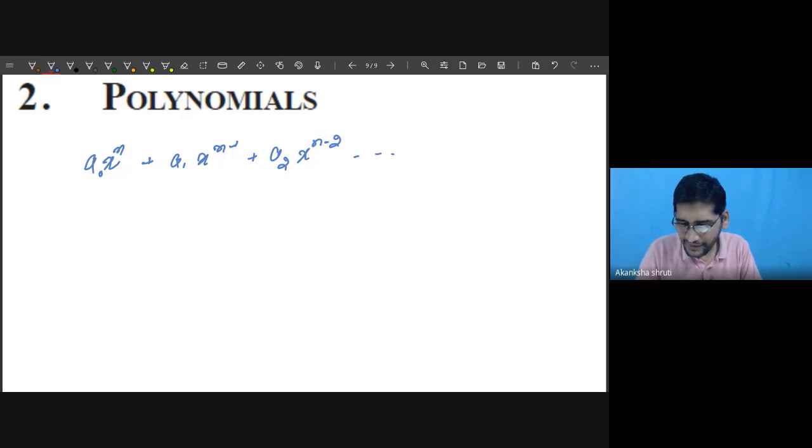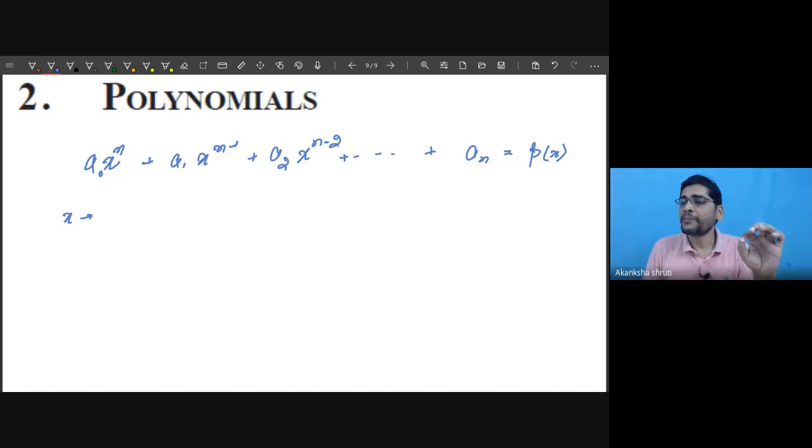Here the power of x is decreasing, and the last one is an. This is the general form of a polynomial, and this polynomial is denoted by p with the variable x. Okay, the condition is that n should always be a positive integer or at least a non-negative integer.